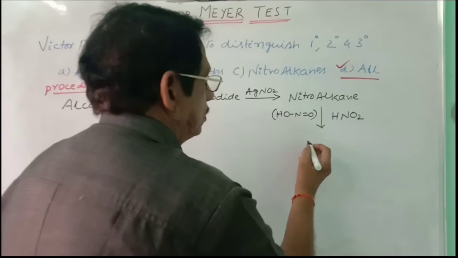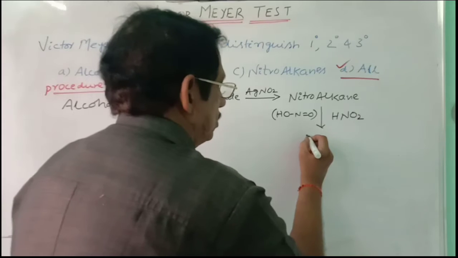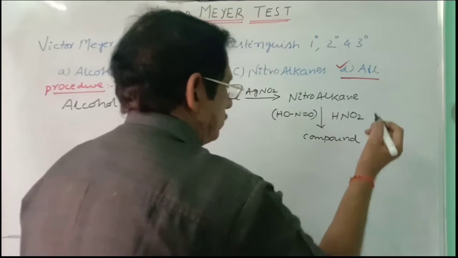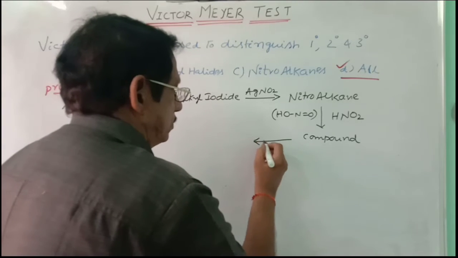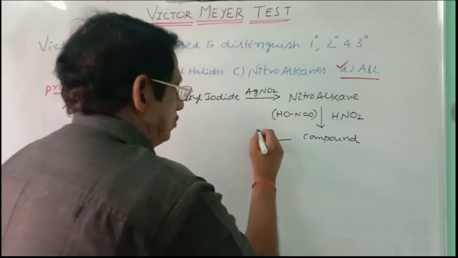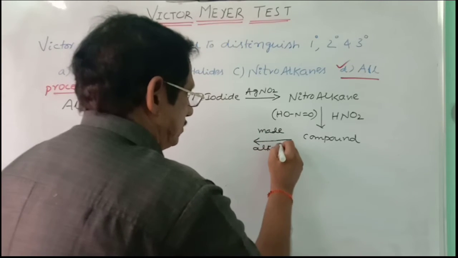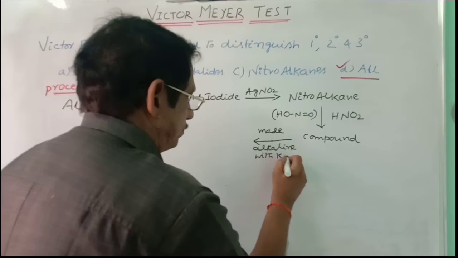Thereby, nitroalkane is converted into a compound. That compound is made alkaline with KOH.